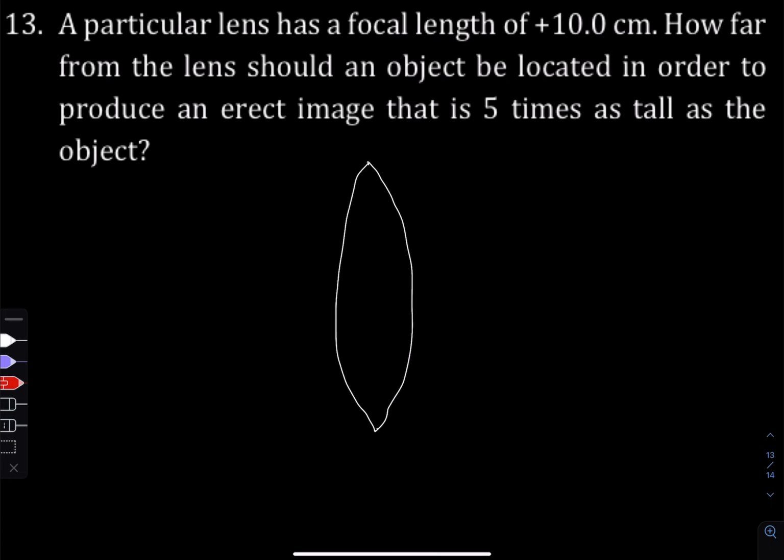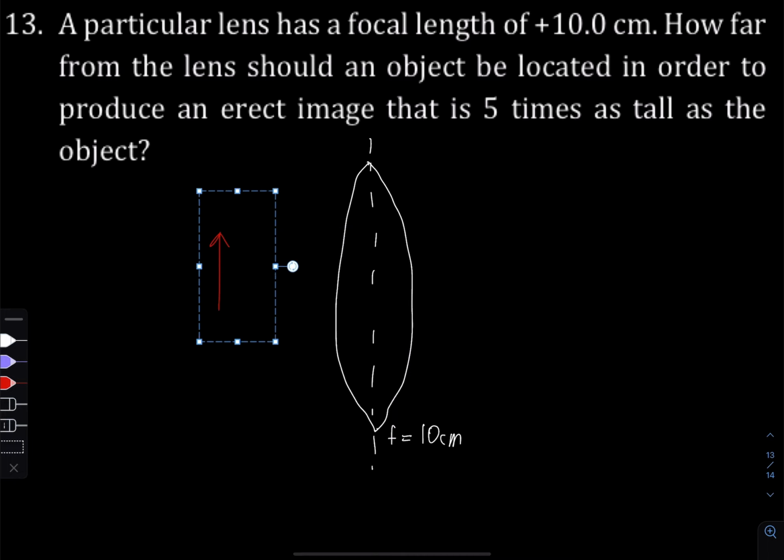And we have an object, and the focal length of the lens is 10 centimeters. And so we're trying to get the light through this lens. Let's actually put the object closer.